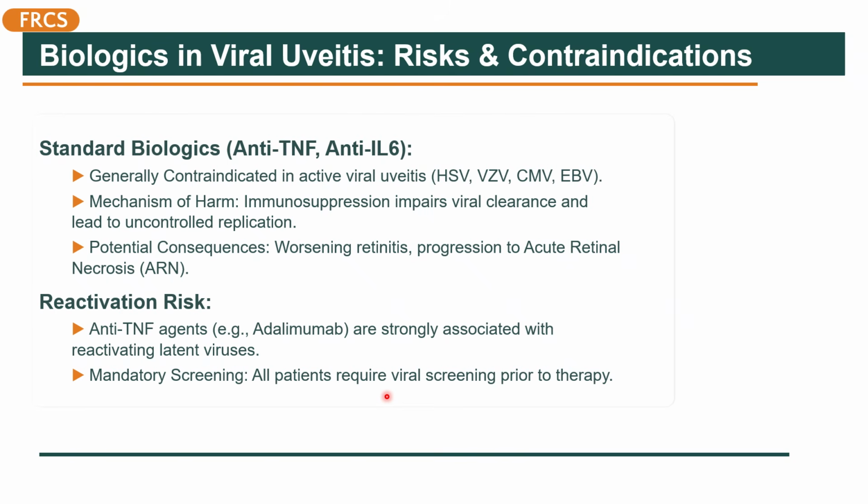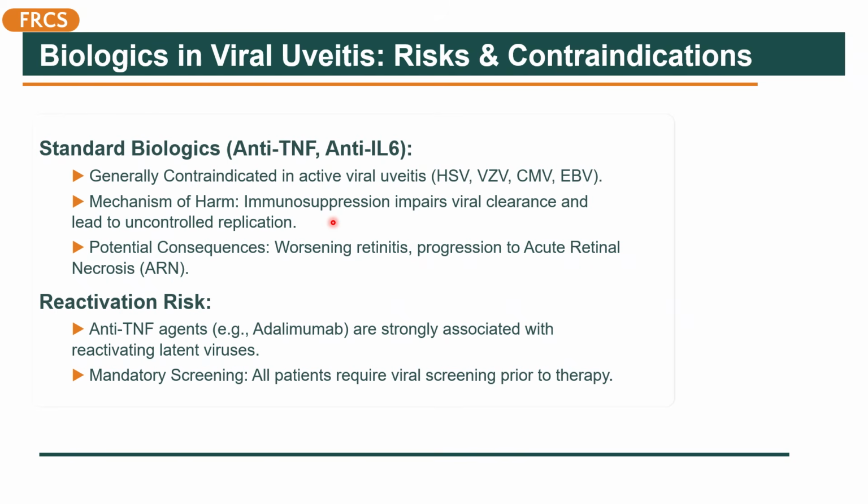But you should know some exceptions and the reasoning behind this contraindication of biological treatment in viral uveitis. The standard biological treatments, mainly the most common ones, anti-TNF and anti-interleukin 6, are generally contraindicated in any type of viral uveitis or any other infectious cause, even bacterial uveitis, because they cause immune suppression.